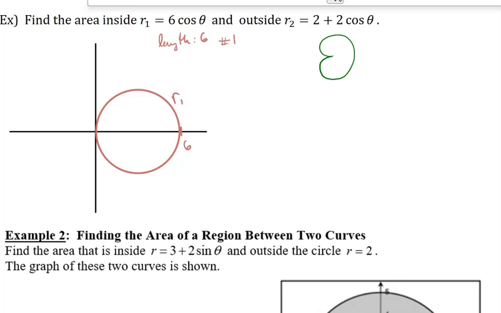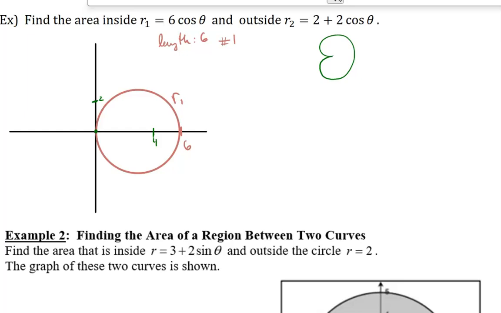And our biggest radius is 4, so we'll call that 4. And our smallest radius obviously is 0. And then when theta is equal to pi over 2, so when this is 0, we are 2 units out. So let's say somewhere about there.